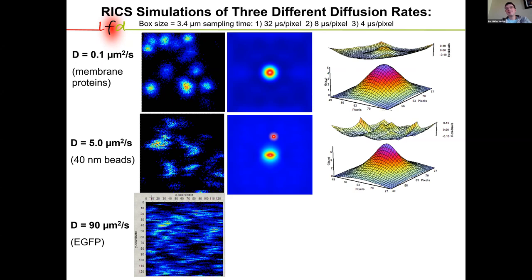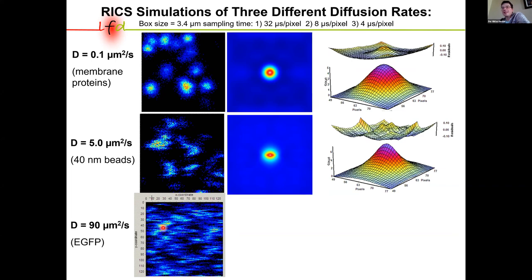Okay, now let's go to something really fast, which is the diffusion of, for example, green fluorescent protein in aqueous solution, which at room temperature is about 90 micrometers square per second. Now, if you look at the scanned image, if I didn't tell you what it is, you would just say, oh, it seems like some kind of random noise.